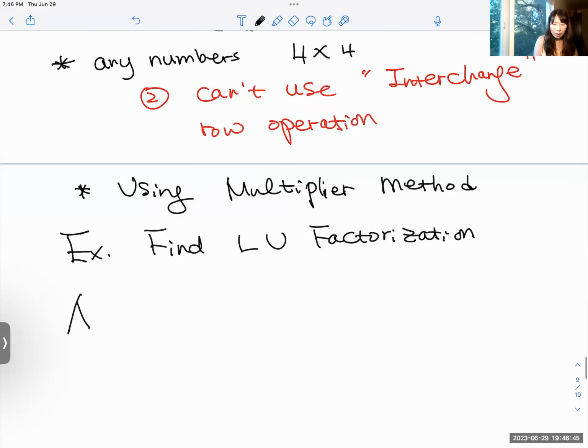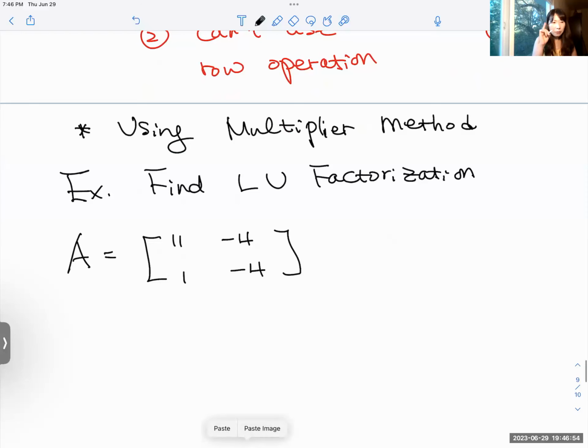We have A equal to 11, 1, -4, -4. I want to find U first.